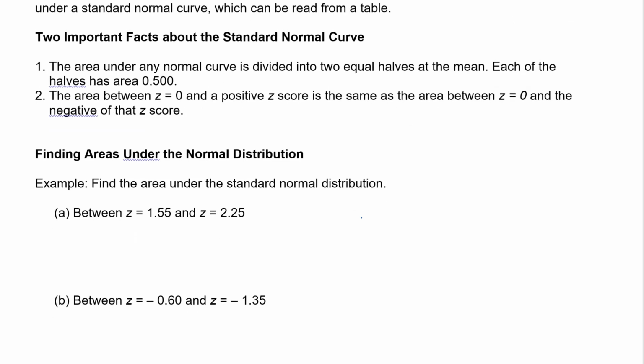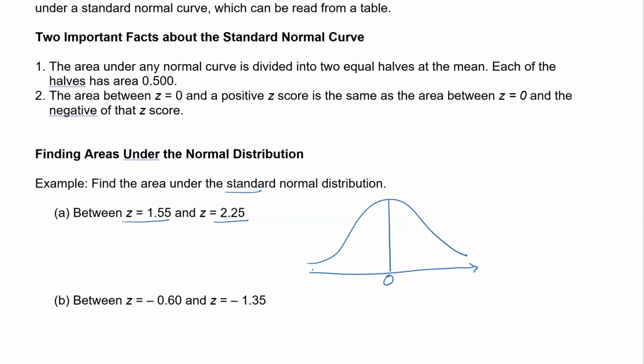For this first example, we're going to draw the standard normal curve. You don't have to be perfect; I don't even draw these to scale. Just do your best. We put a 0 in the middle because this is a standard curve. Then we want to find the area between z equals 1.55 and z equals 2.25.